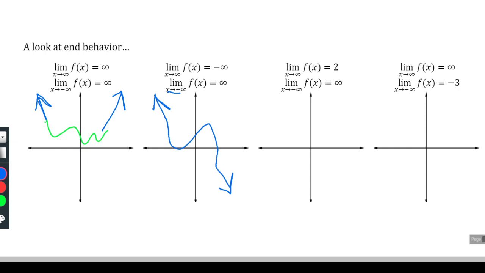This is where it gets a little weird. So we're going to draw a line at 2. Might have been a poor choice of colors, but what it's saying is, as x gets really big, it gets really close to 2.